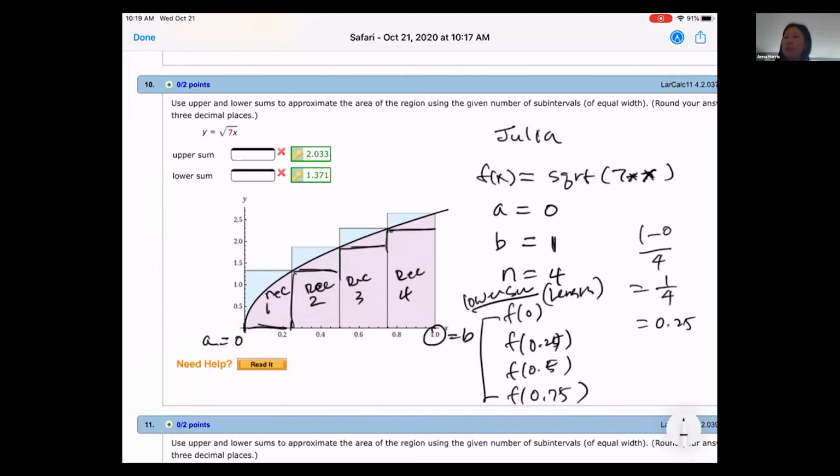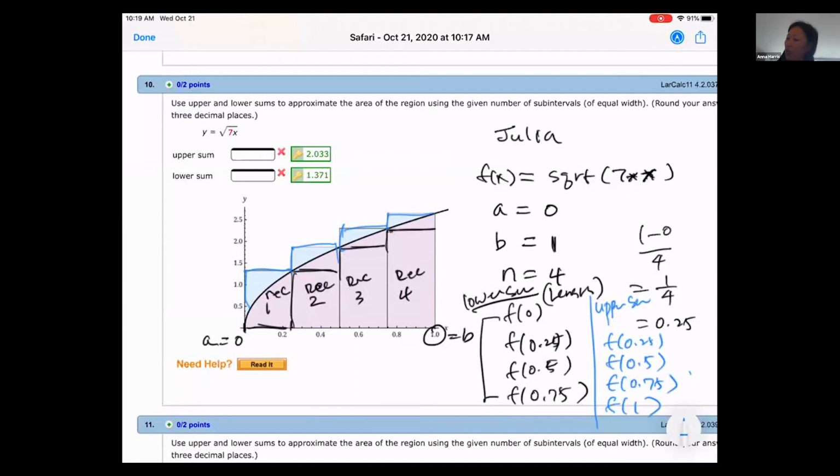All right, upper sum would be what? Which color? Blue. Like that. Okay, so upper sum means it'll be f of 0.25, f of 0.5, f of 0.75, and f of 1.